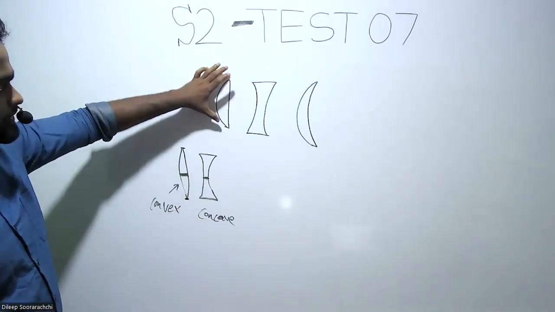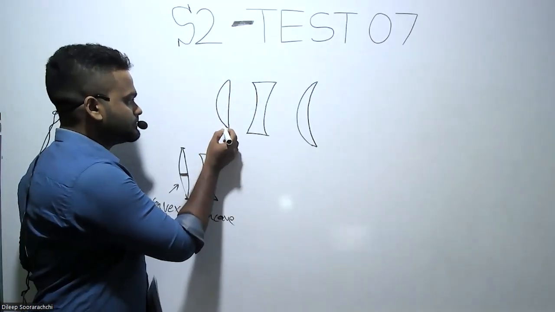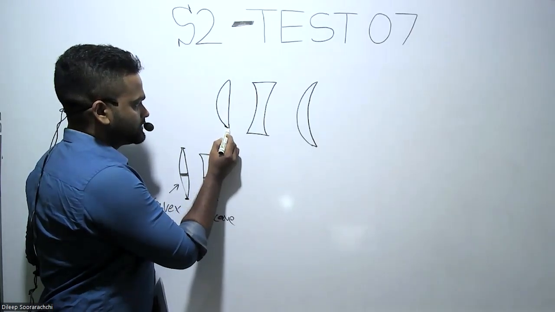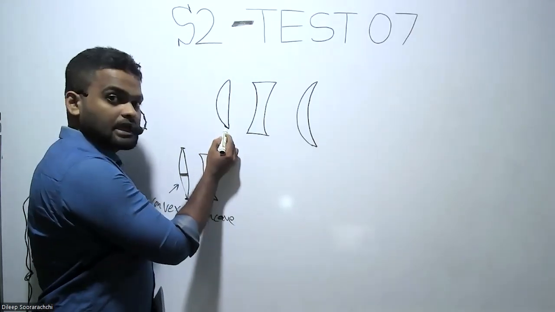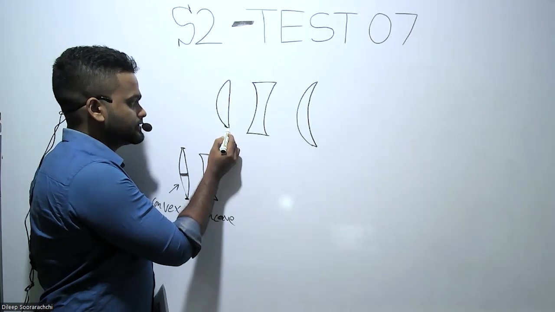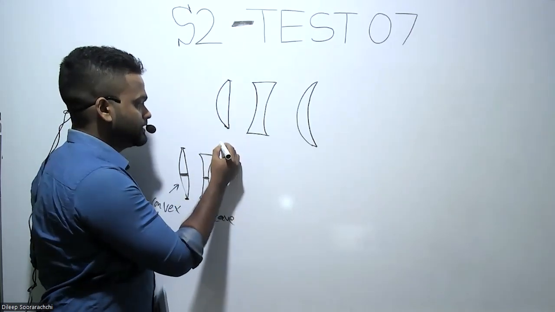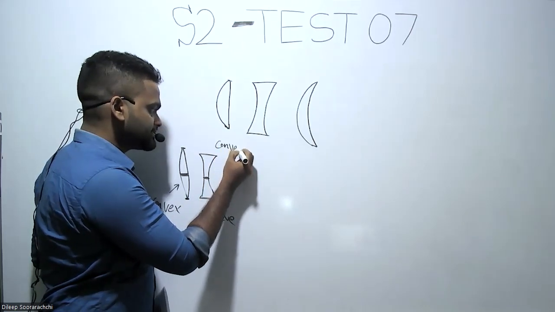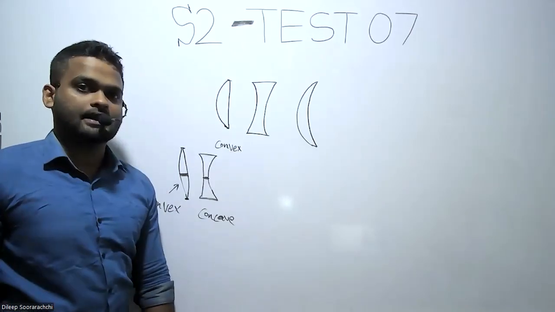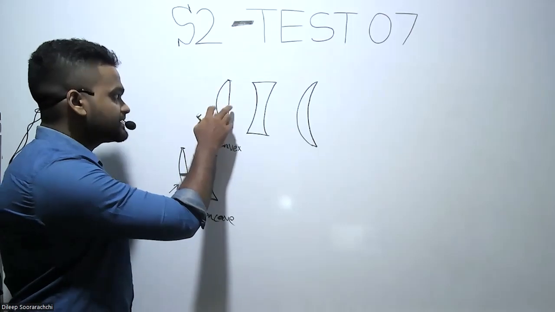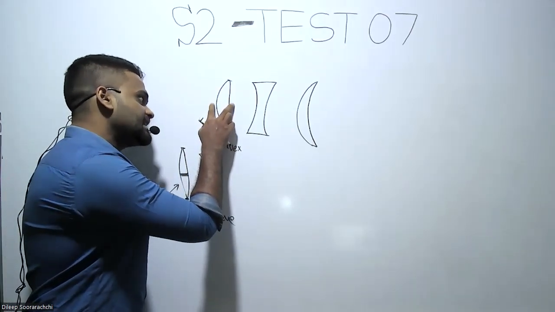So if I bring that to here, this should be a type of convex lens because edges are thin compared to the middle. First figure that out. So this is a convex lens because the middle is thicker.